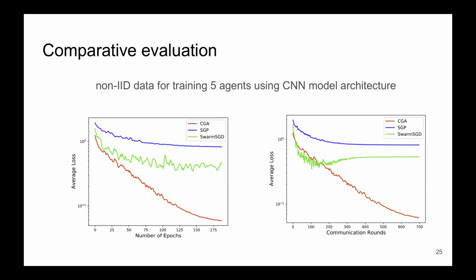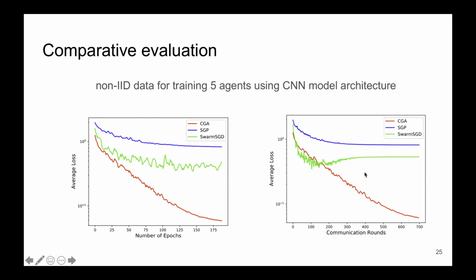Okay, here you show the comparison with the other two, SGP and Swarm SGD, in average training loss. The reason we show these two figures is because CGA introduces more communication, since they transmit the model and the gradient. How will this affect convergence?